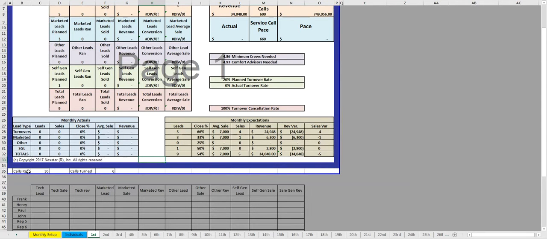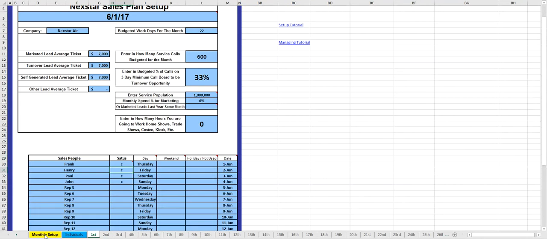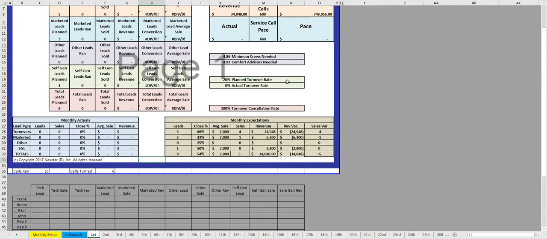Our planned turnover rate, based on the 33% you entered in here, gave us what we should turn over as a percentage of all calls, which is 20%. So we turned over 6.